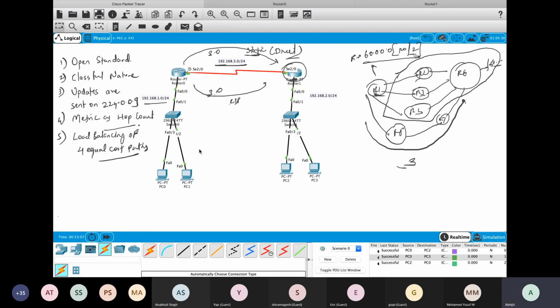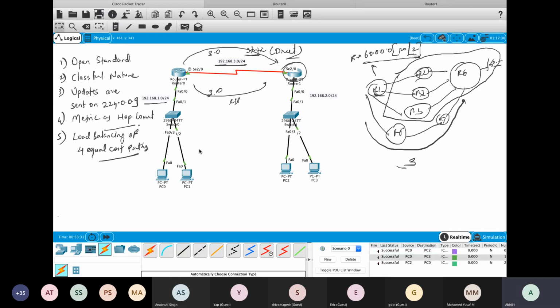Although all the routes are there and they all make you reach the destination network, only the shortest distance route will be considered to be added into the routing table. And what is that route? The route that makes you reach R6 with the shortest number of hops, which is via R2, R3, and R4.